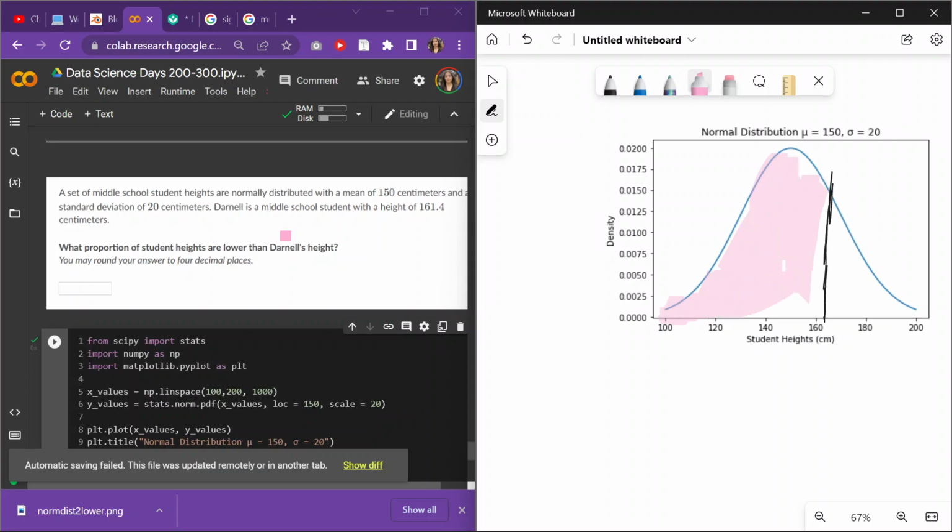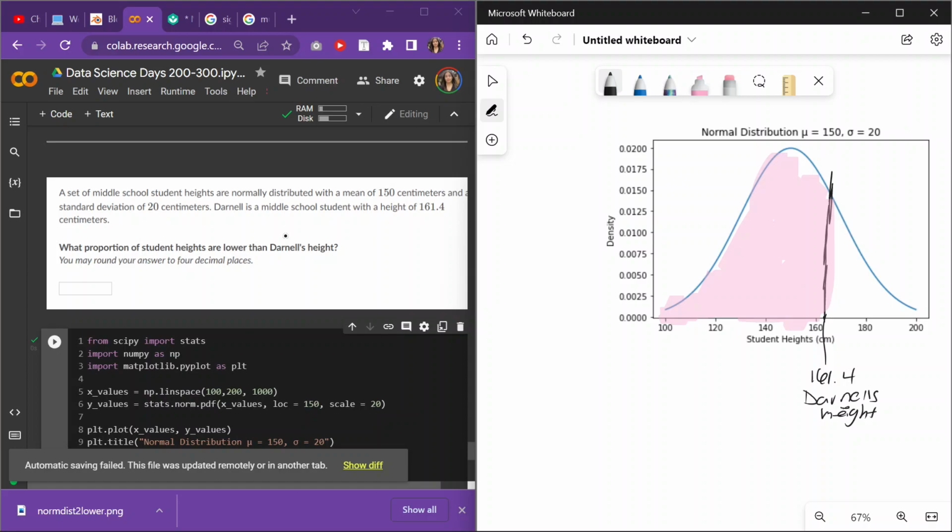That represents the proportion of students who have a height that is lower than 161.4, which is Darnell's height.